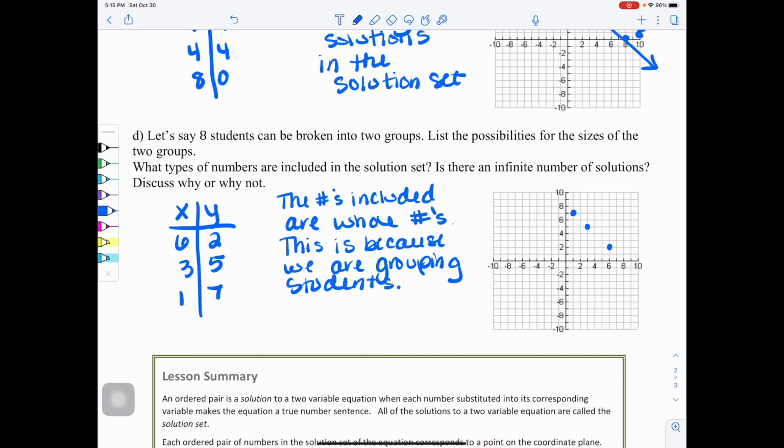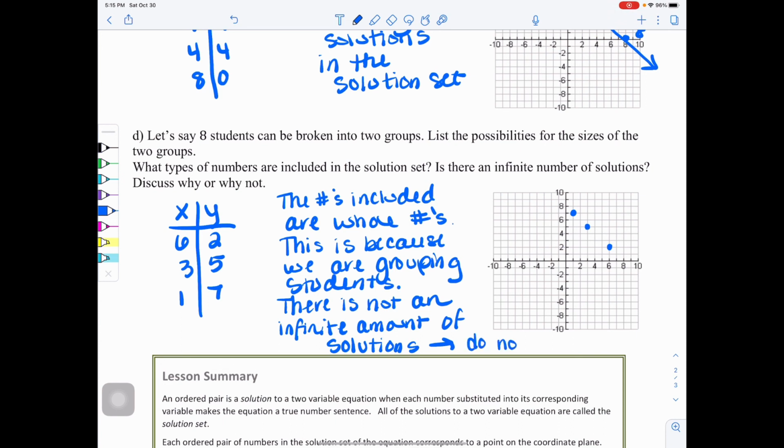So we have real life context now. So that means there is not an infinite amount of solutions. So how does this affect our graph? This means we do not connect the points.